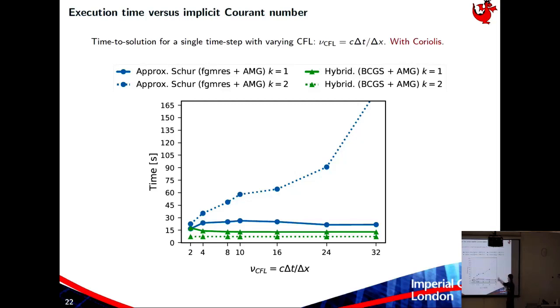Now, as you increase delta t, this bit that you're missing is getting larger and larger. And you're basically getting a bad pressure approximation, and then you get an even worse velocity approximation. So GMRES has to work much harder to smooth everything out.